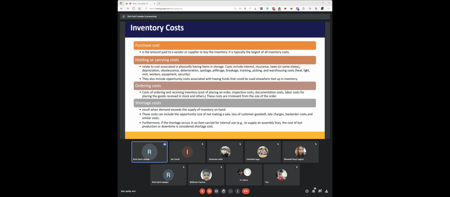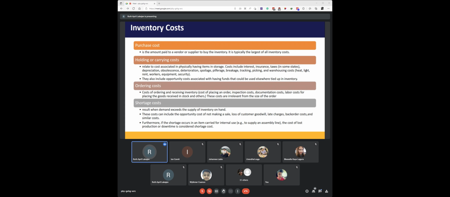So, this ordering cost is usually independent of the size of the order. So whether the order is large or small, the ordering cost is there. Always, no? So that's why if your orders are small but you order frequently, then it will really affect the ordering cost.